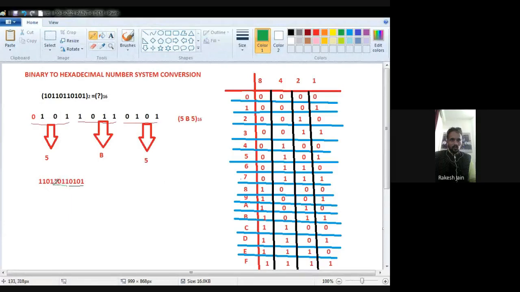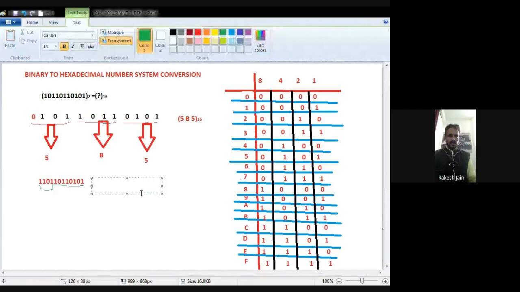So 0101 is a group, then the second group is 1011, and the third group is a complete group, 1101. So all the 3 groups are there. No need to add a 0 at the most significant bit on the leftmost side.